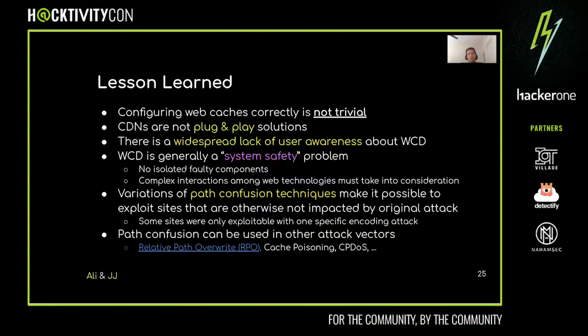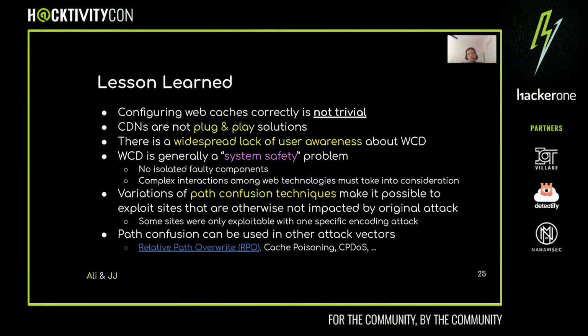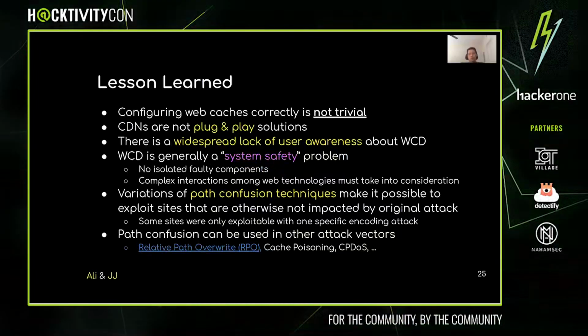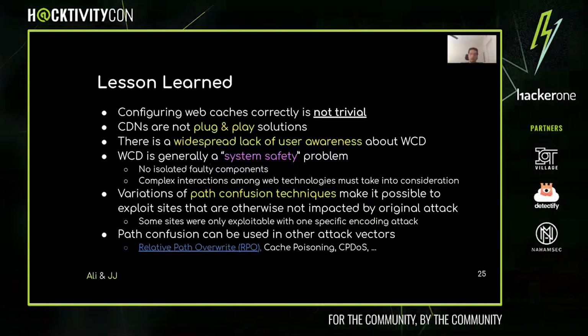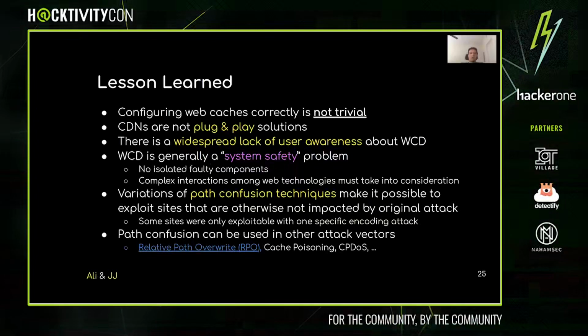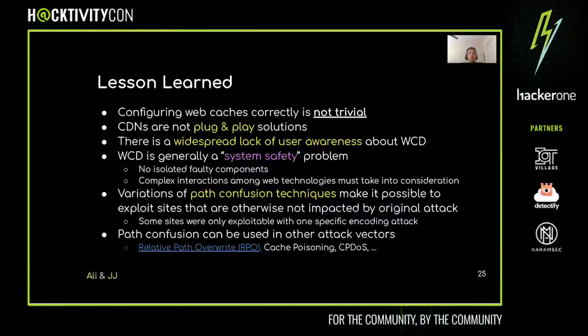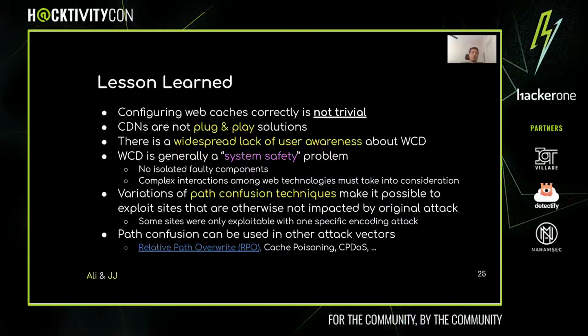But still, we believe web cache deception is a system safety problem. In an environment with web cache deception vulnerabilities, there are no isolated faulty components. To be honest, the web server, load balancer, proxies, and caches all individually perform the functionality they are designed for.